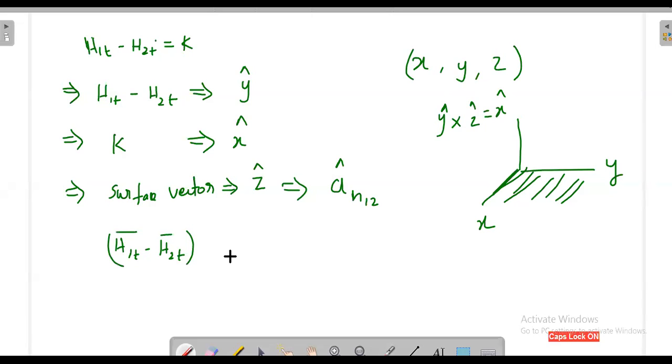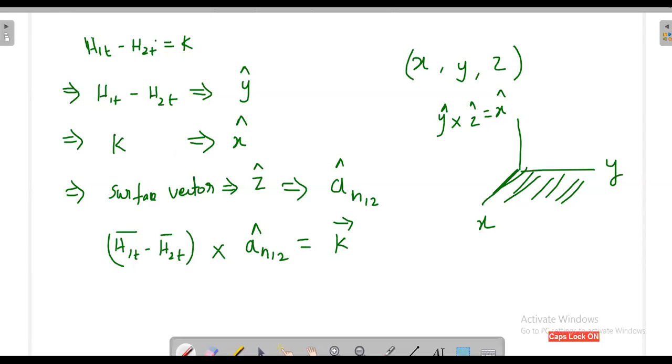In z cap direction, the normal vector going from region 1 to region 2. In x cap direction, K is there.